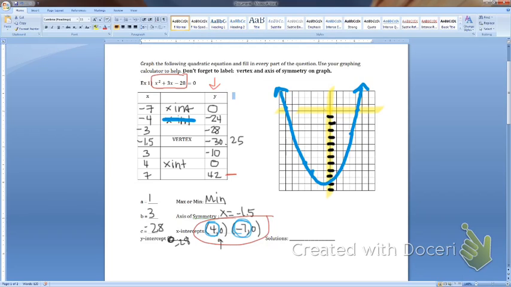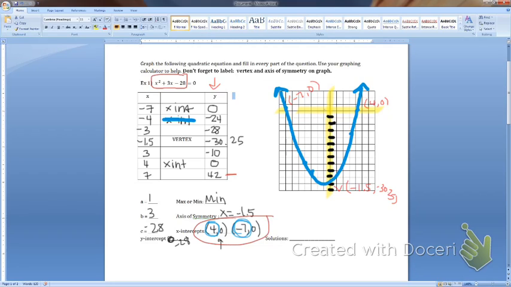Okay, now again, everyone's graph is probably going to look just a little bit different, which is why we label. So go back and put your vertex at the point negative 1.5, negative 30.25. Then we're going to label our intercepts, which we haven't labeled yet: 4, 0 and negative 7, 0.